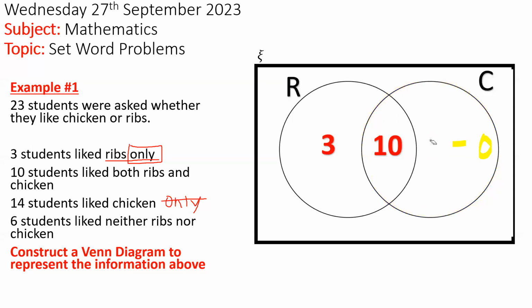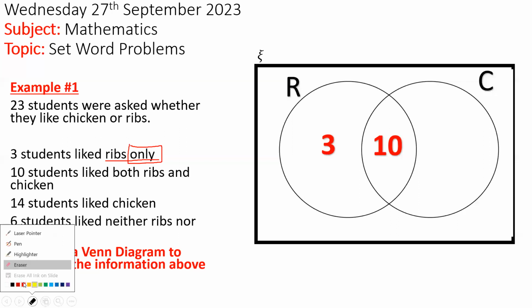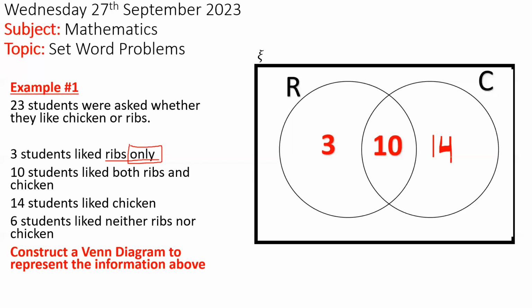Mr. Petit, so lost. All right. Remember, they say 14 students like chicken, right? Yes, sir. Good. Did they say 14 students like chicken only? No, sir. Good. So because they didn't say only, you can't put 14 here, because if you put 14 here, that means 14 like chicken only.